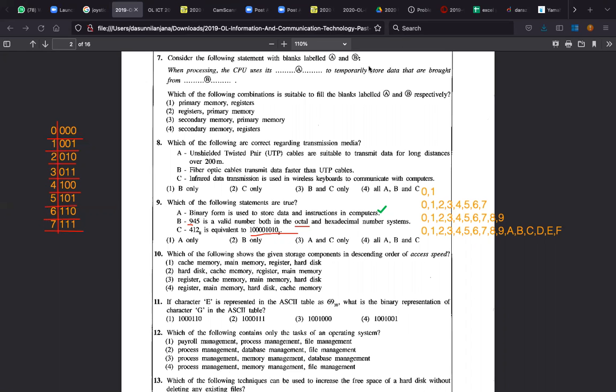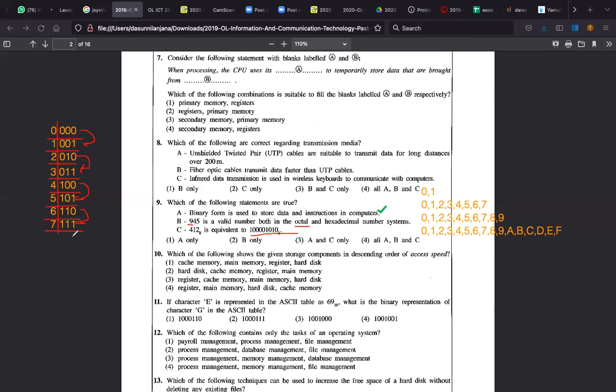There's a pattern. What is the pattern? Here 0, 1, again 0, 1, repeating 0, 1, 0, 1. Then repeat 2 by 2: 0, 0, 1, 1. Here downward see 0, 0, 1, 1.